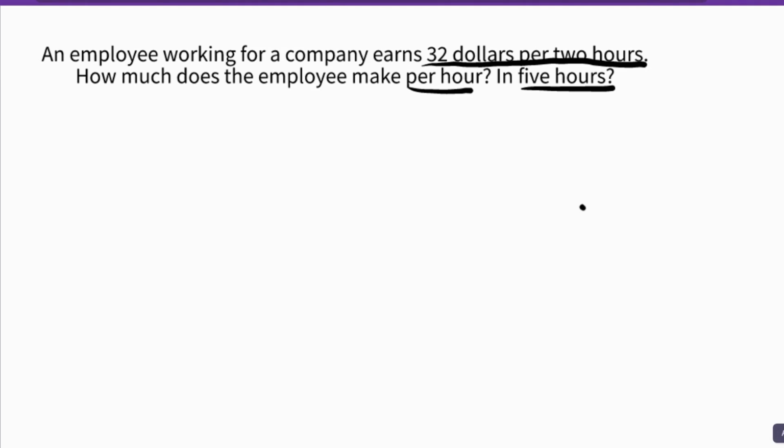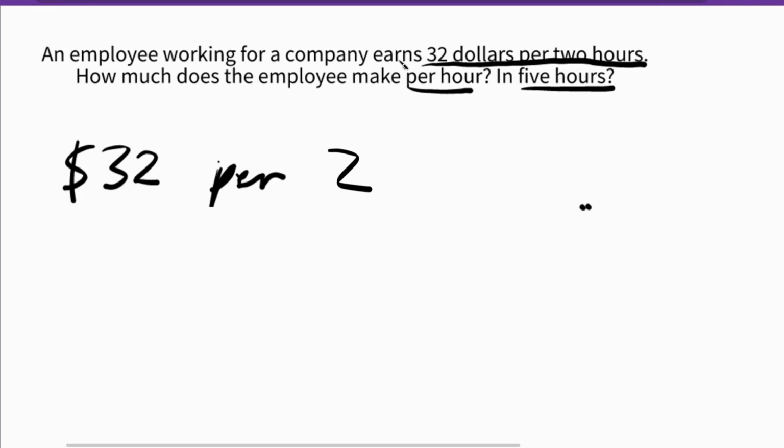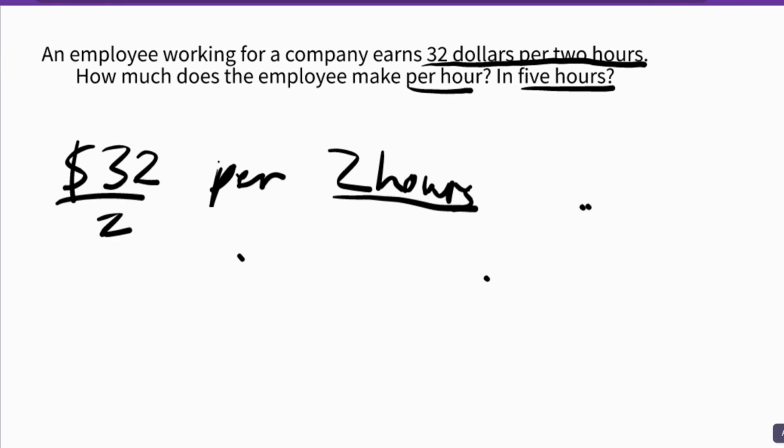So because we know that it's $32 per 2 hours, then we can assume that because it's 2 hours, if we halve this amount by 2, then we can figure out how much money the employee makes in 1 hour.